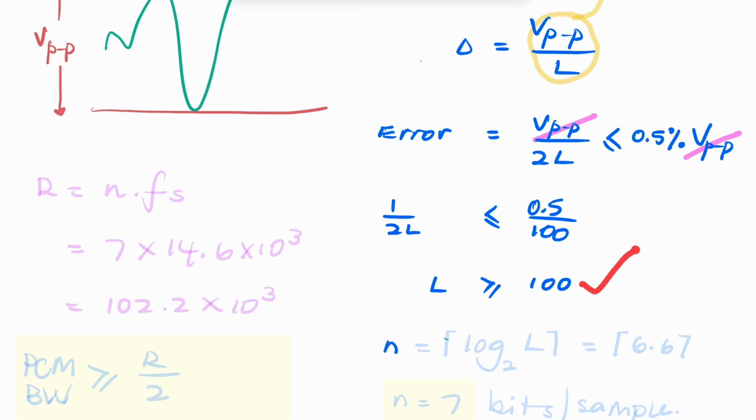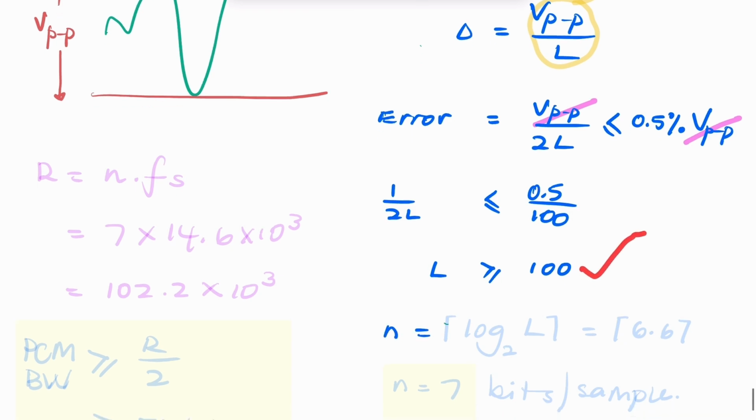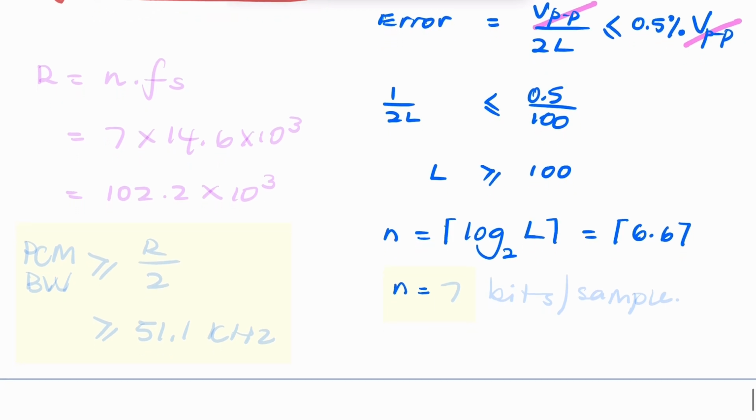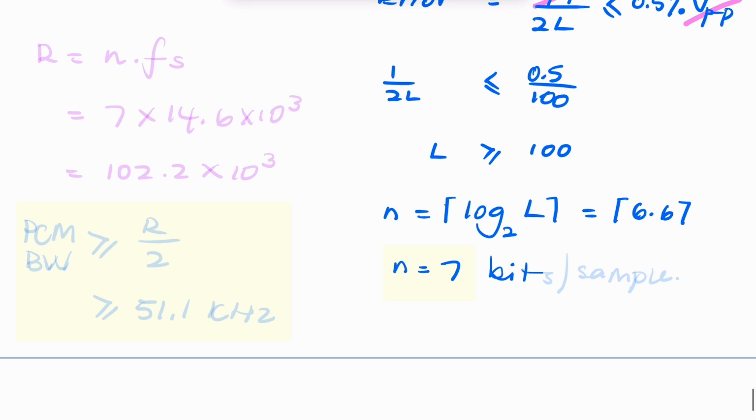And we know that N is the ceiling function of log base 2 of L. So N in this case is going to be the ceiling of 6.6. So N equals 7 bits per sample.